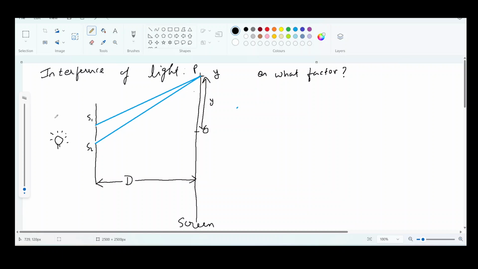And if you understand the initial part of the formulation, everything follows. So it is very important to understand how you begin the derivation. So we begin the derivation by understanding that the factor on which it depends, whether point P will experience a bright band or a dark band, is the path difference between S2P and S1P. So the answer is path difference.